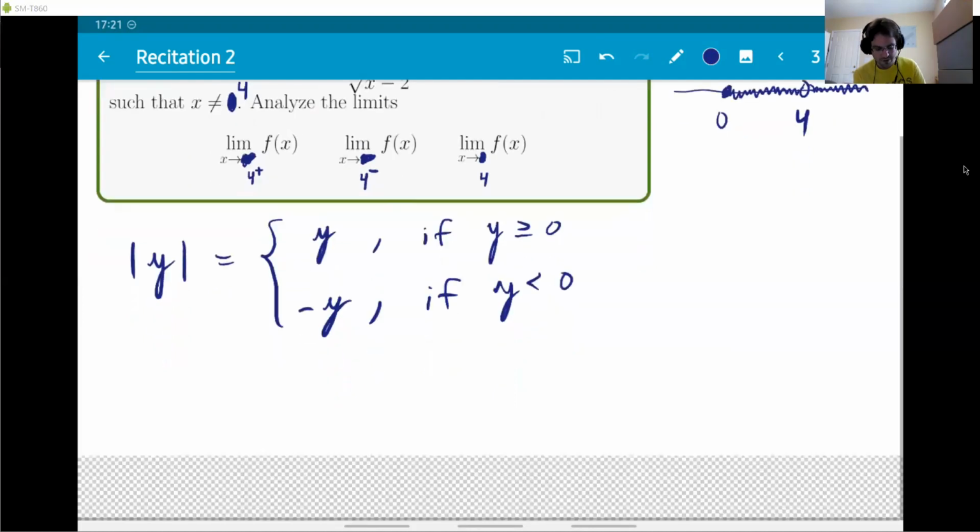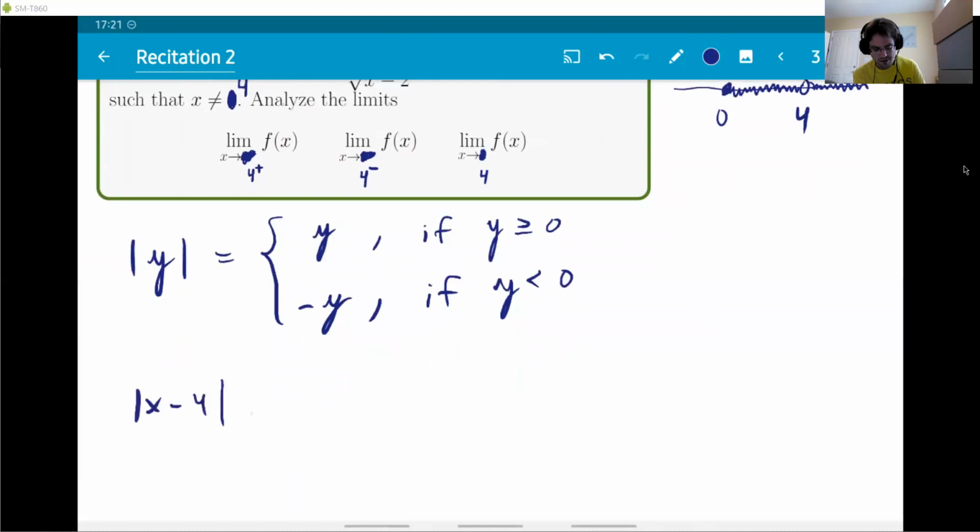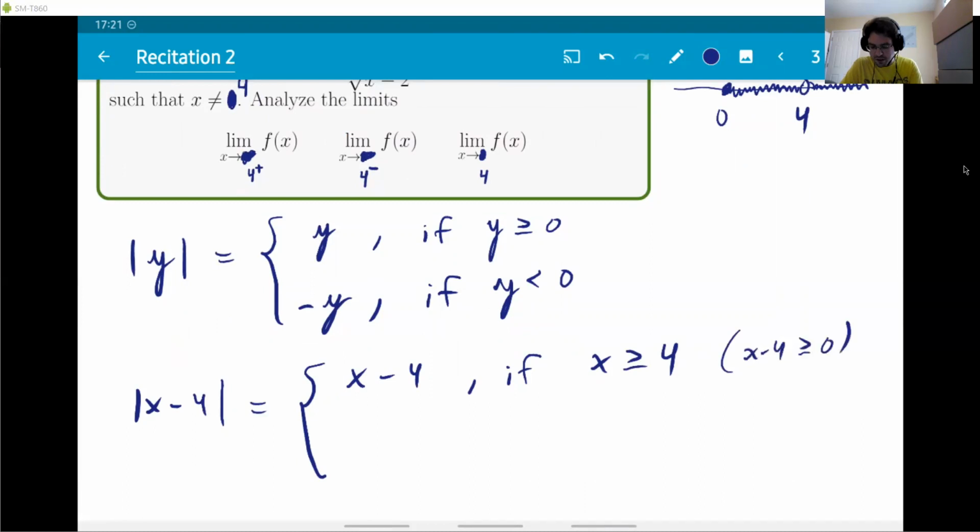In the case of the absolute value of x minus 4, that is x minus 4 when x is larger than or equal to 4. Because that's the same thing as saying x minus 4 larger than or equal to 0. The thing inside of the absolute value being 0 or more is when the absolute value of the expression is the expression itself.